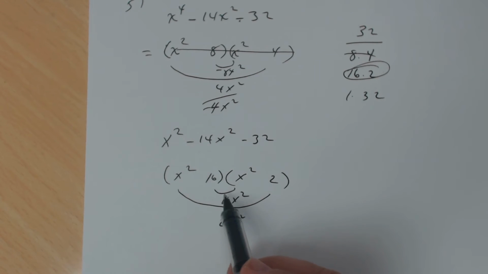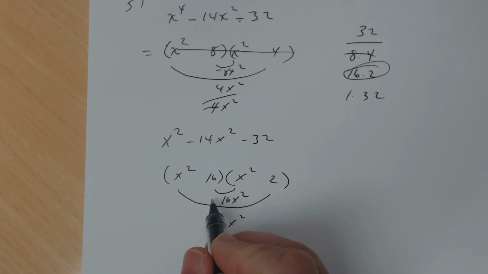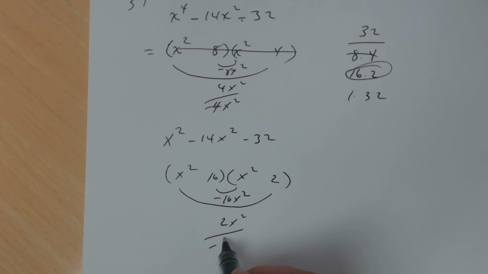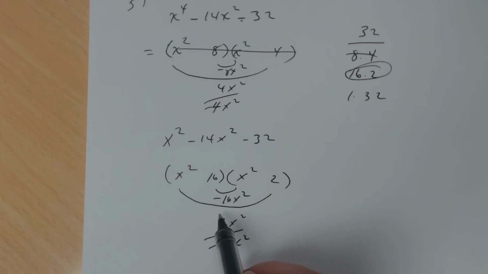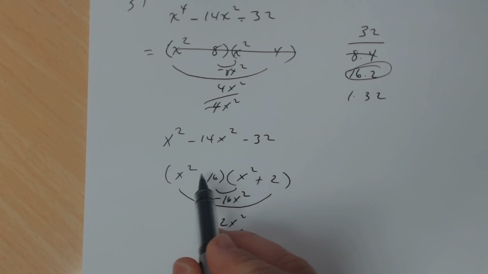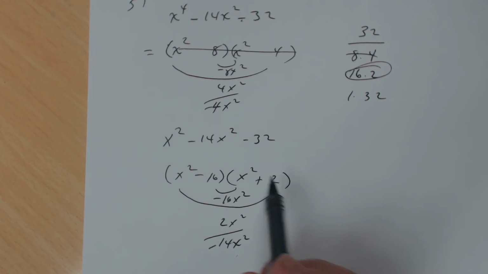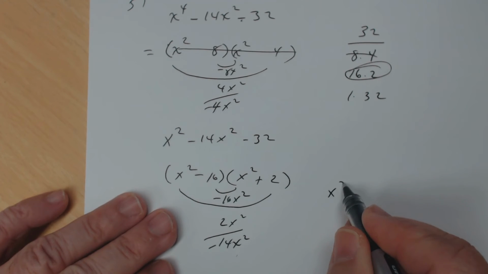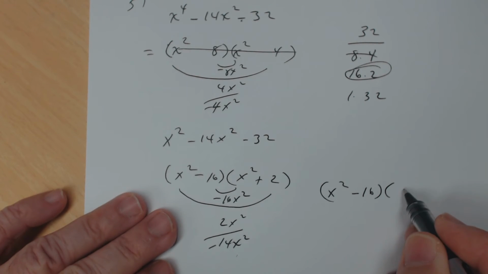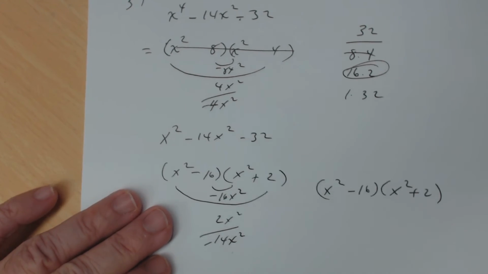The larger of those, remember, takes that middle sign, so it has to be negative, and when I add them up, I do get a negative 14x squared, which is what I wanted. So in order to get the outer to be a positive 2x squared, this has to be a plus. In order for the inner to be a negative 16x squared, this has to be a negative. And now I'm going to rewrite this over, so I get x squared minus 16 times x squared plus 2.